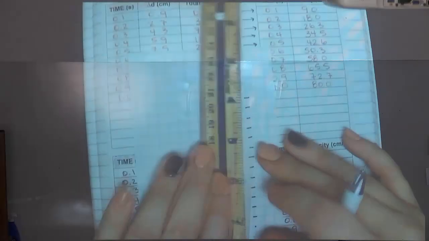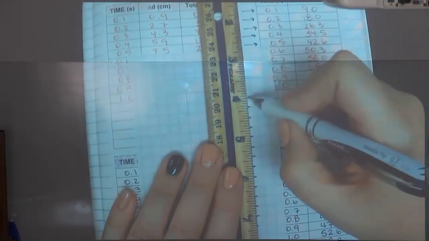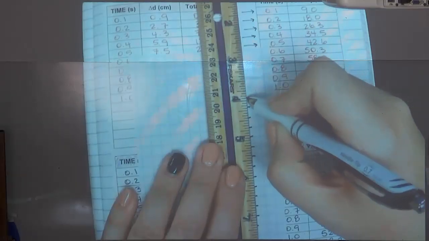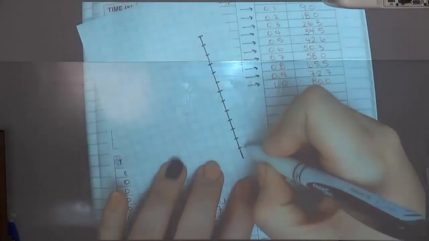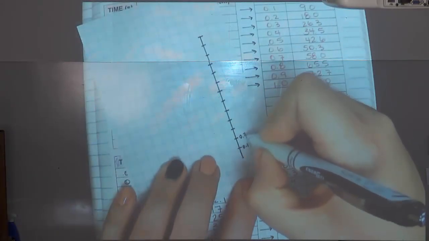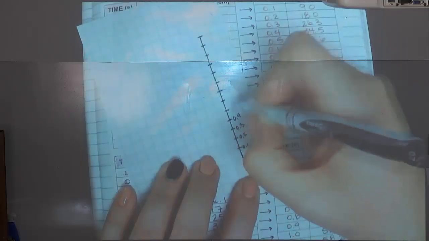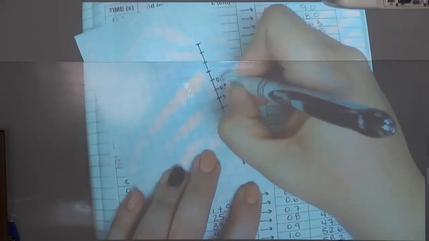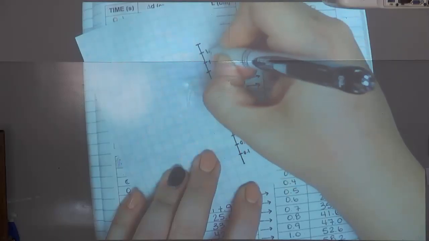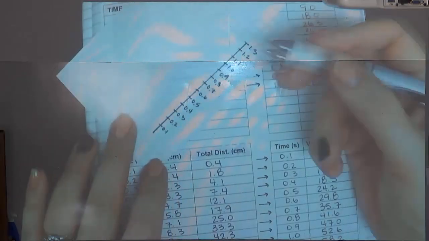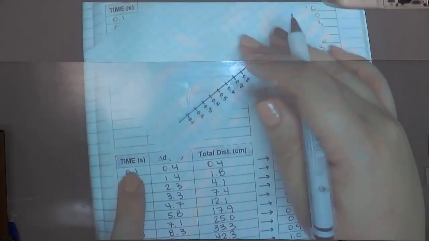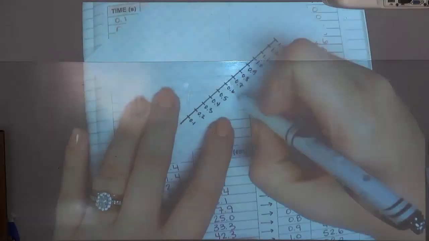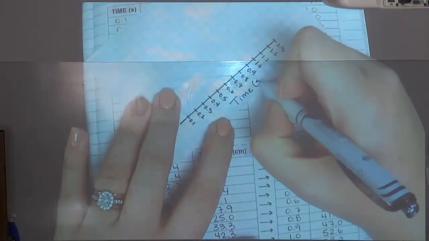Use a straight edge. After you've marked out where your axis is going to be, go ahead and number the lines as well, 3, 4. And label your axis: time, seconds.